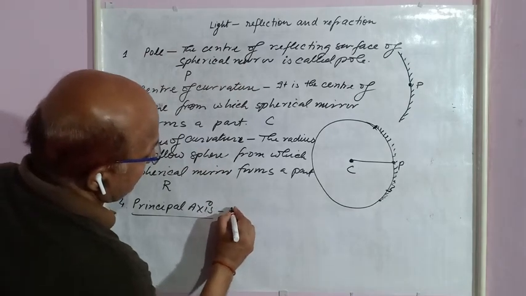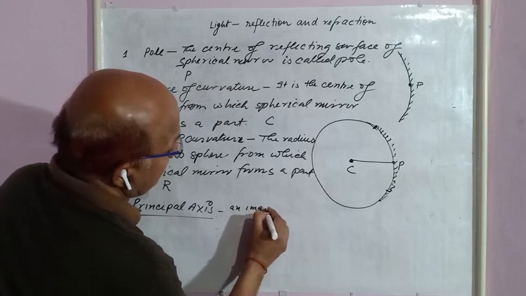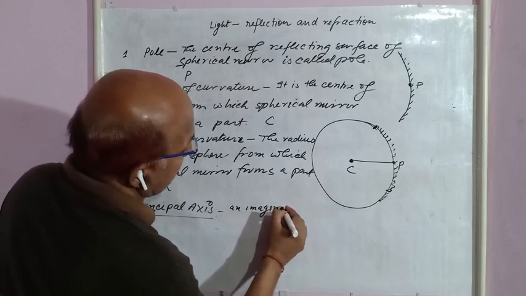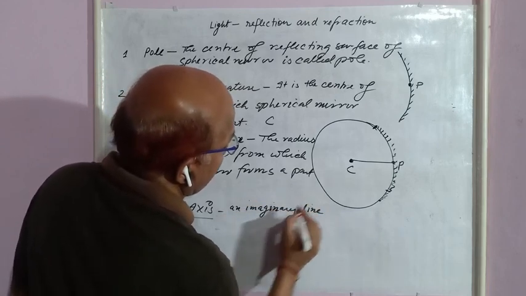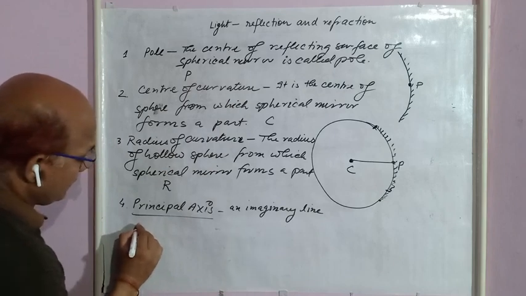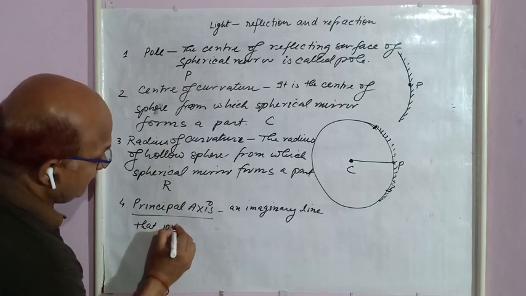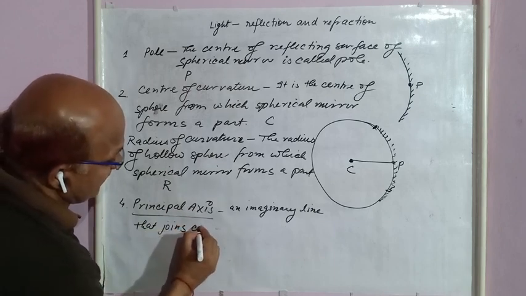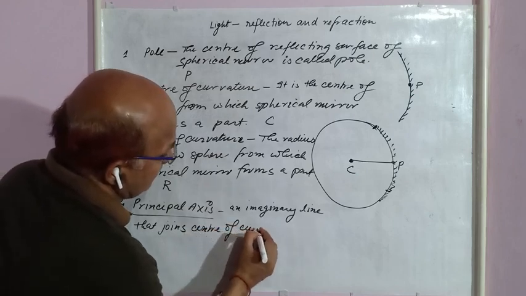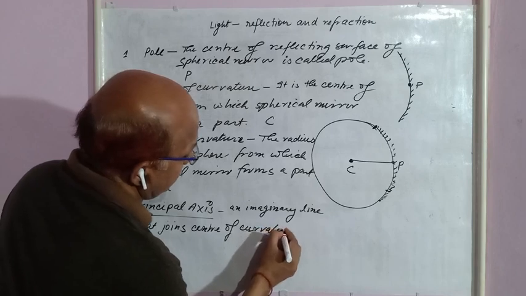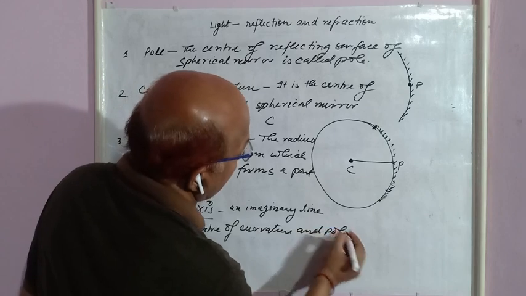So it is an imaginary line that joins the center of curvature and pole.